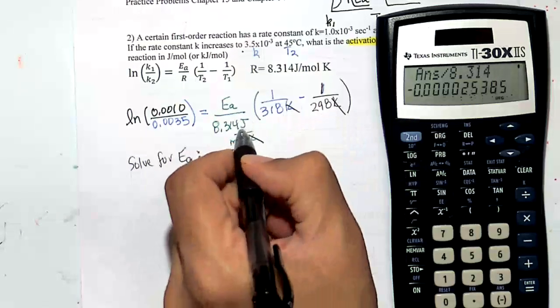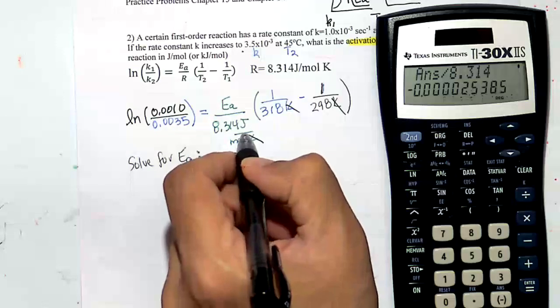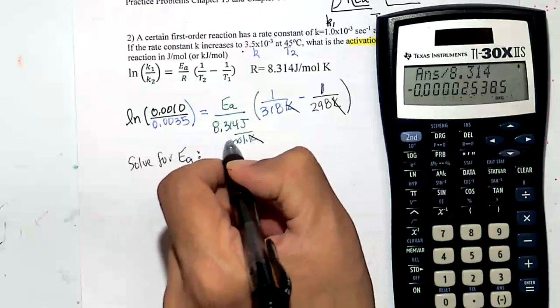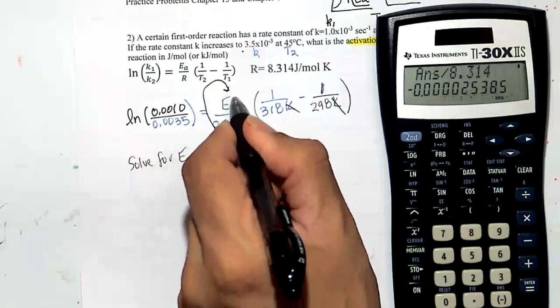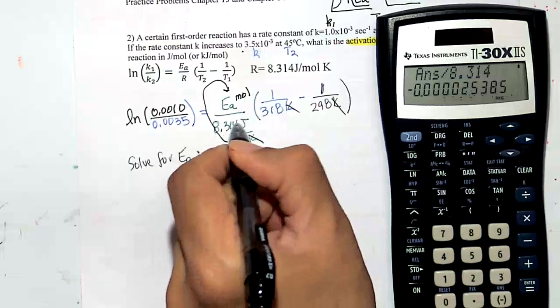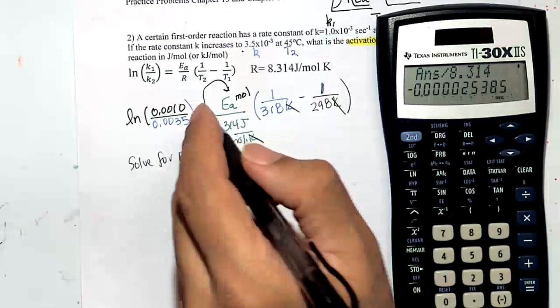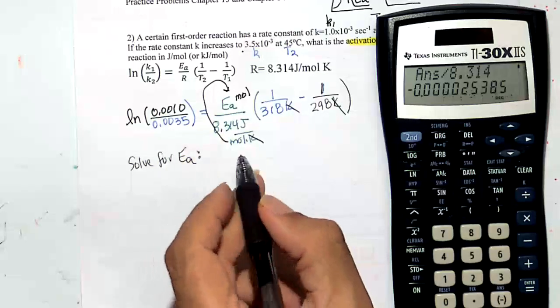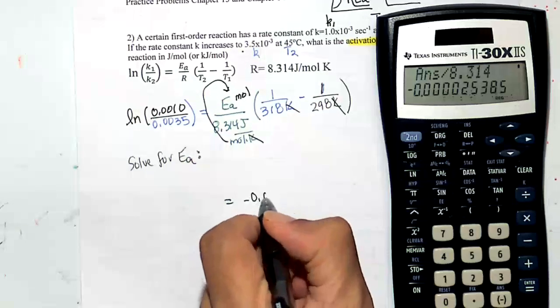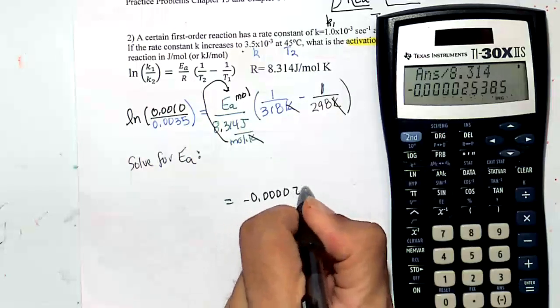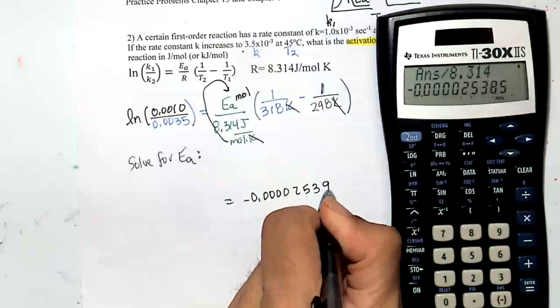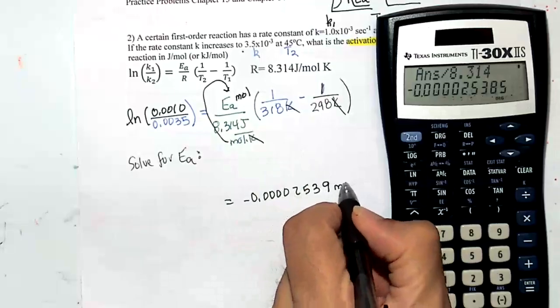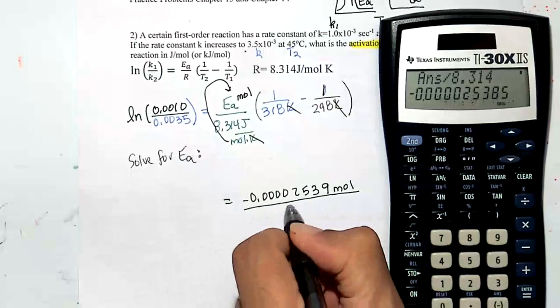So the kelvins cancel. The mole in the denominator of the denominator goes to the numerator, and the joules stay in the denominator. So this right-hand side of the equation is minus 0.0000253. I'll put in some extra digits here. Okay, moles over joules.